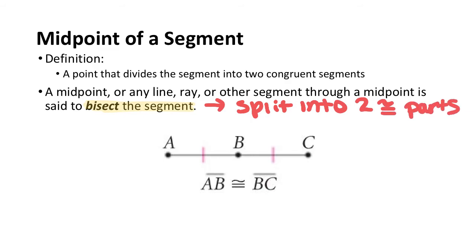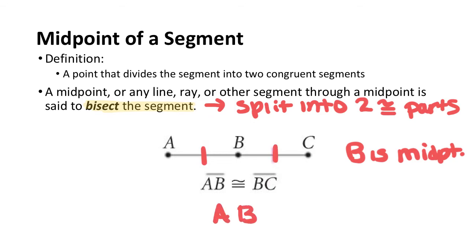So here, B is the midpoint of this problem. And because it's the midpoint, these are congruent, so you could say that AB is equal to BC.